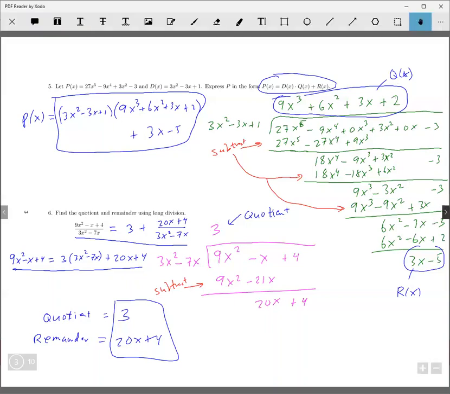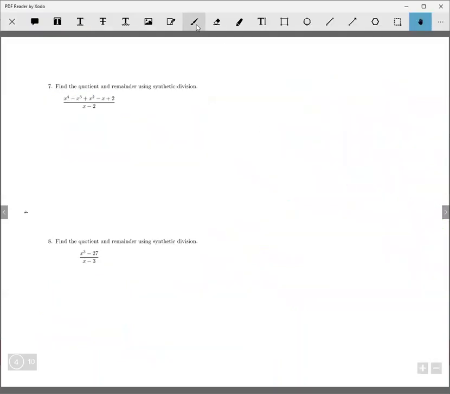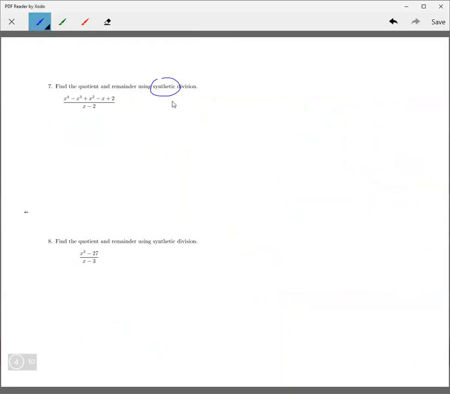Okay, now the next thing we're going to do is this thing called synthetic division. With this problem, I'll illustrate how this works. I will do regular division, and then I'll do synthetic division to give you an idea of how that works.